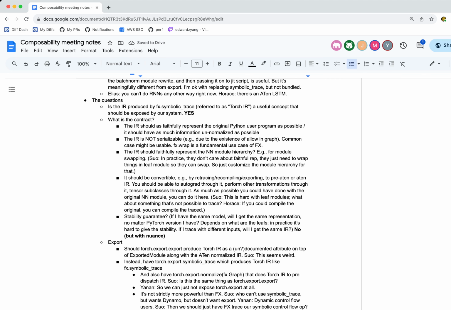Inductor wants torch.export.symbolic_trace without the normalize. Wait, but Inductor can just use symbolic trace, right? Yeah, people could just use symbolic trace with Inductor. Yeah, that works. So I think that's okay.